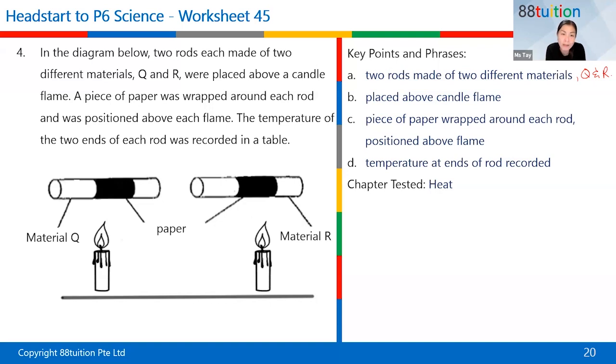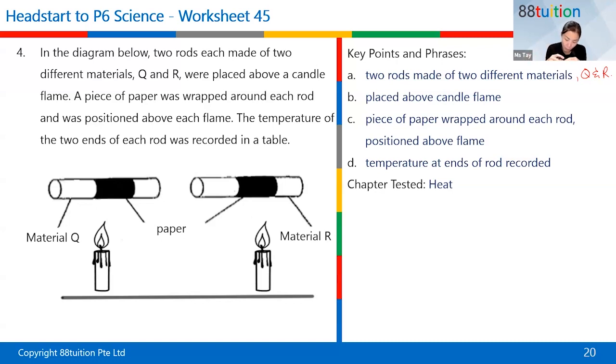Okay, I suspect the question that will be asked will then be, which paper will turn black? Which paper will be burnt or something like that? Okay, so one of the questions that can be asked is possibly that. They will also give you information. For example, okay, the temperature of the rod made of material Q is at a certain, maybe 60 degrees Celsius.